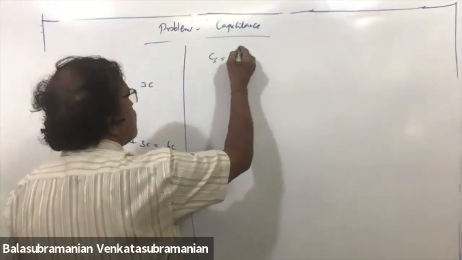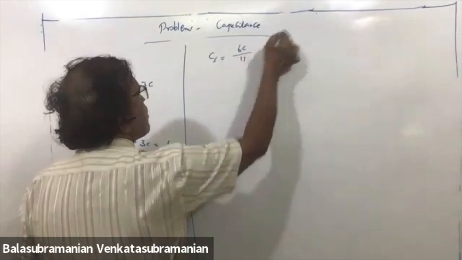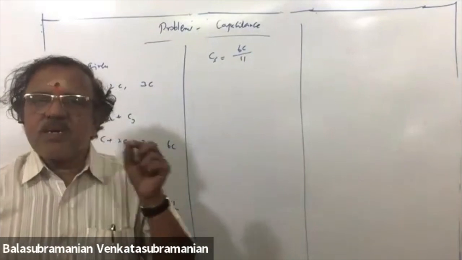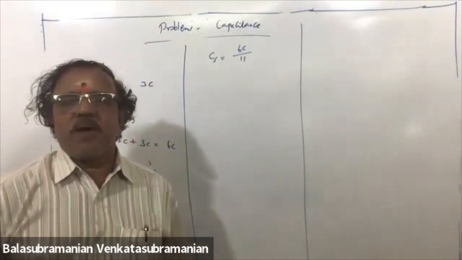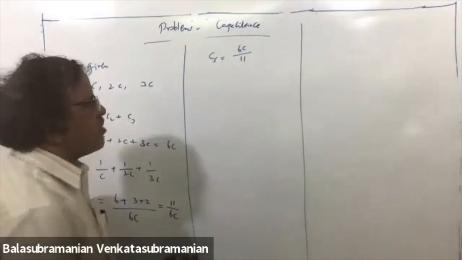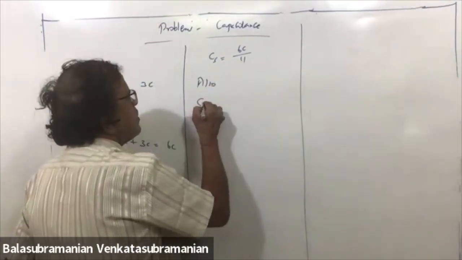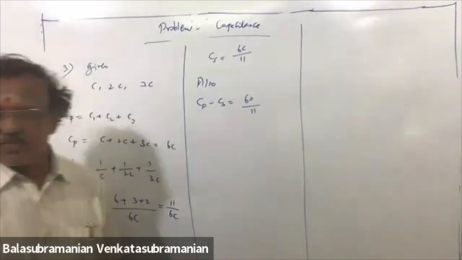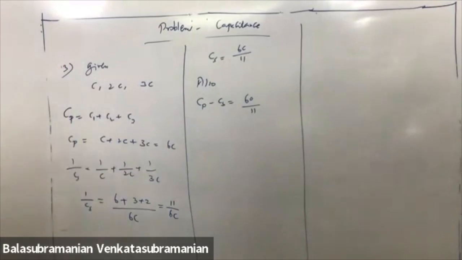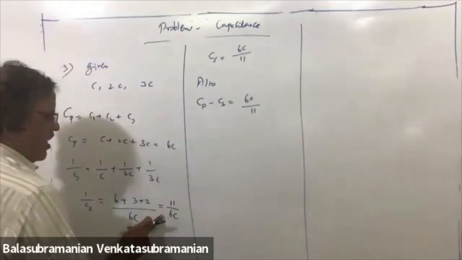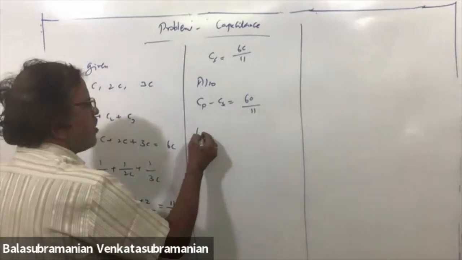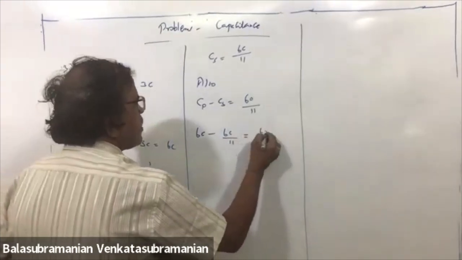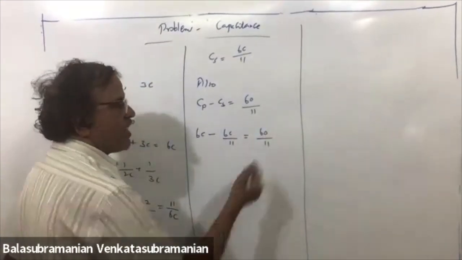Cs is equal to 6C by 11. Parallel is greater than series, so the difference Cp minus Cs is given as 60 by 11.